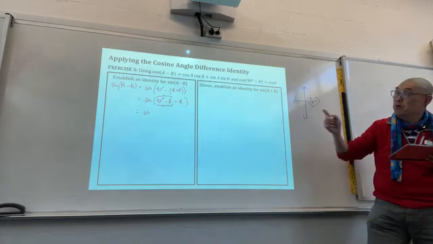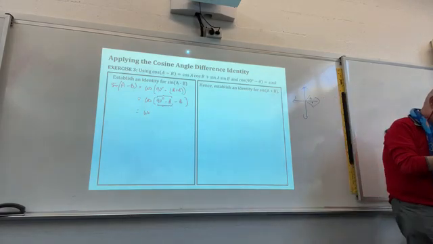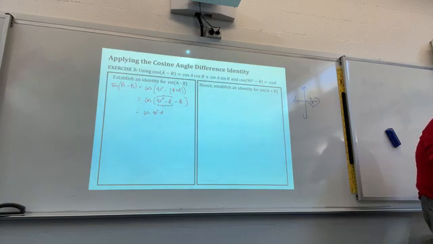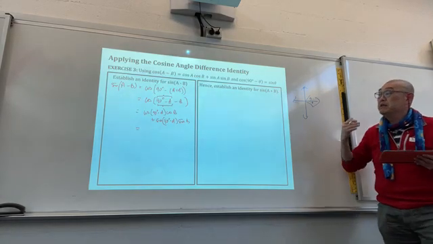So using the identity for cos A minus B, we get cos of 90 degrees minus A cos B plus sine of 90 degrees minus A sine B. Alright, so therefore, what is cos of 90 degrees minus A?